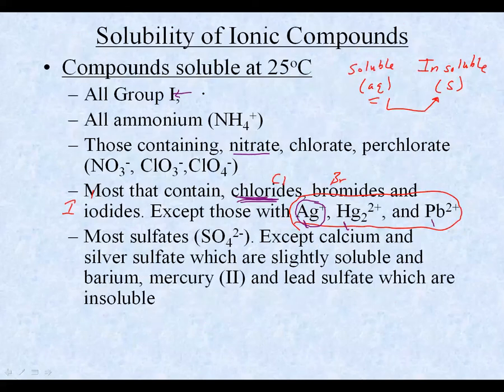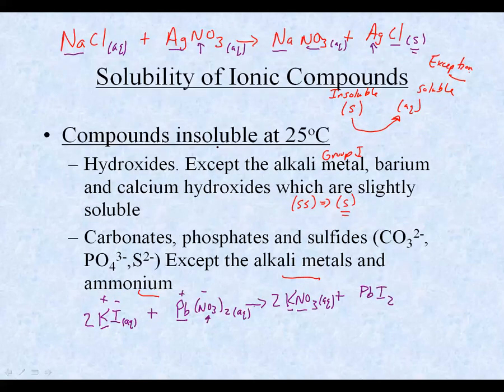Potassium being, again, group 1, and nitrate here, neither one has any exceptions, which means it's always going to be soluble. But now when we come to our last guy over here, we have iodide, and it's hooked together with lead.